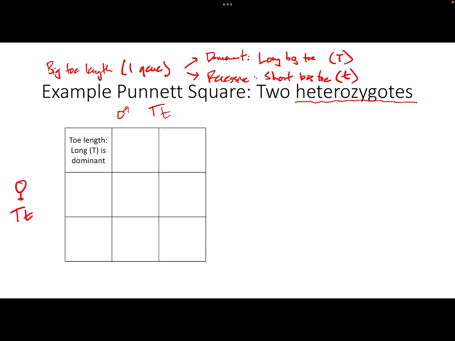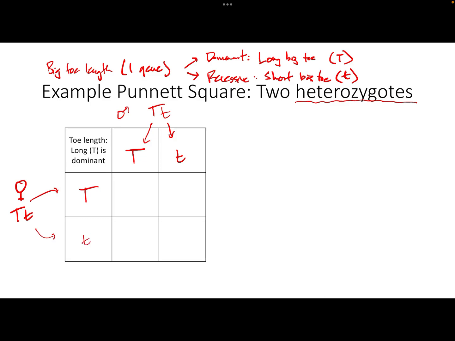When we construct the Punnett square, we show that the male parent will produce gametes with either the dominant or the recessive allele, and the female parent will produce gametes with either the dominant or the recessive allele.